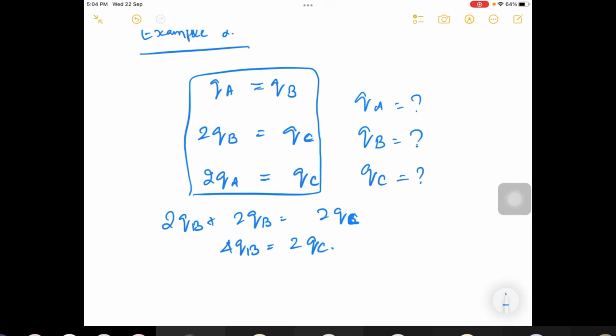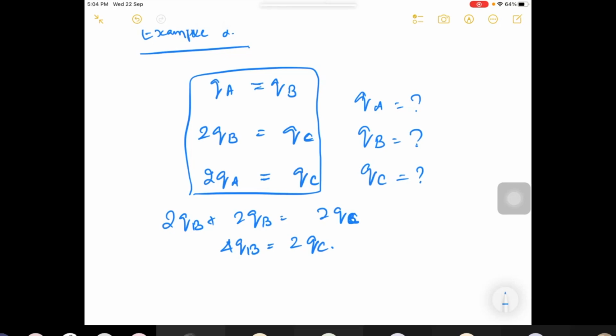Can you find out by solving the equation? Anyone, please? Hello, could you hear me?